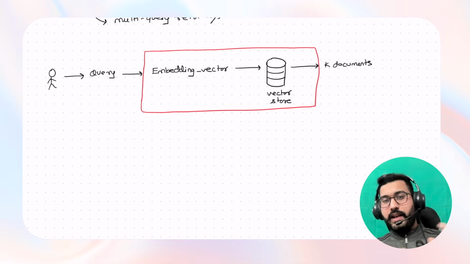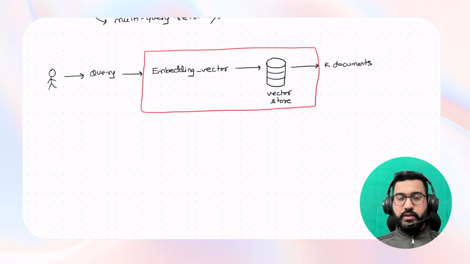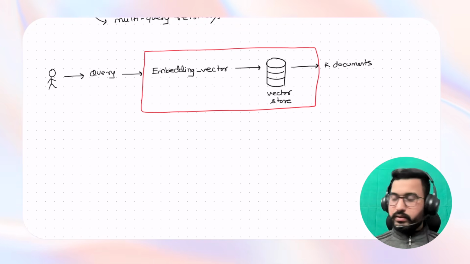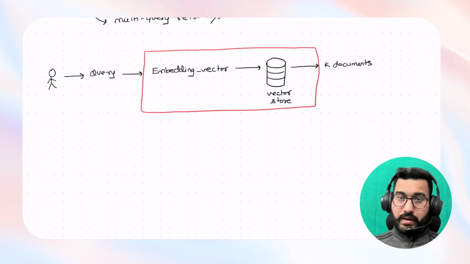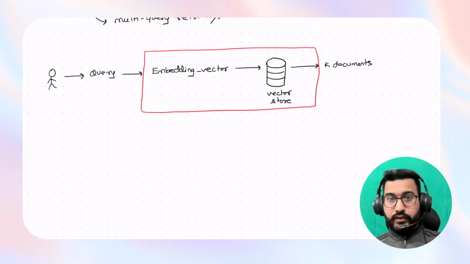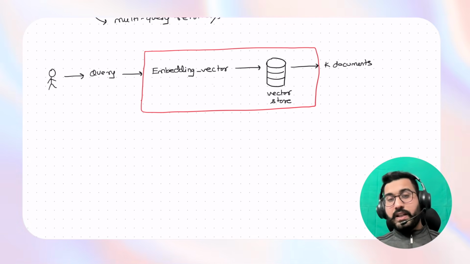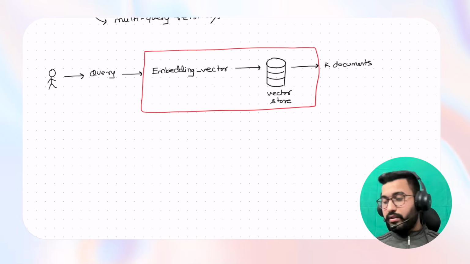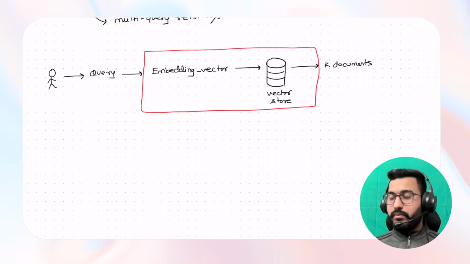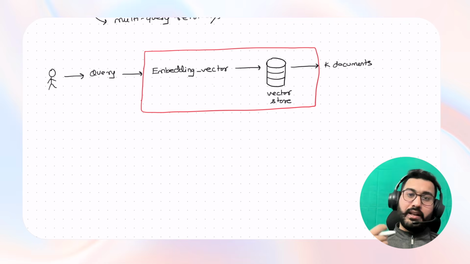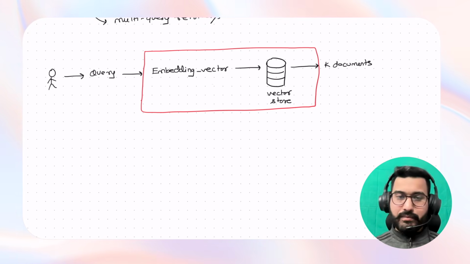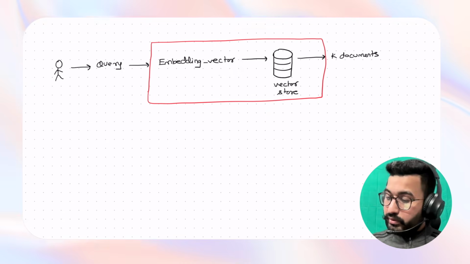The retriever takes the query from the user, will convert that query into the embedding vector using the same embedding model which your vector store has used. Then it will take that embedding vector into the vector store, perform the similarity search, and then return you the K documents, where K represents the number of documents similar to your query. And K is a hyperparameter you can define. So this is your retriever.